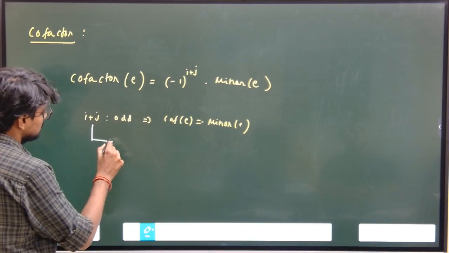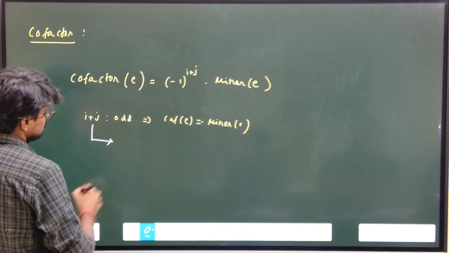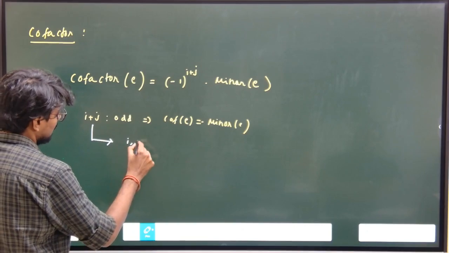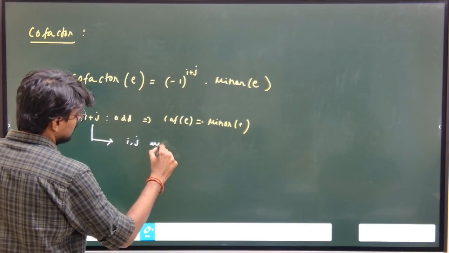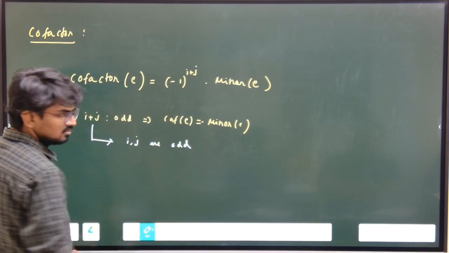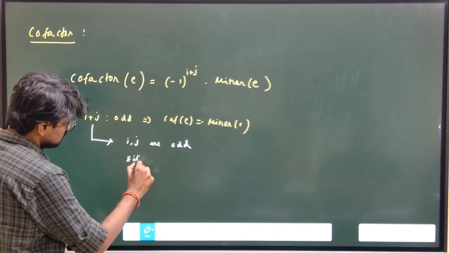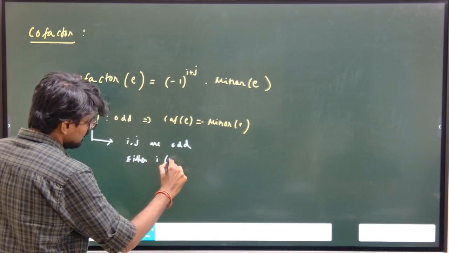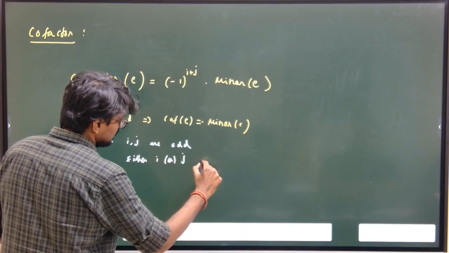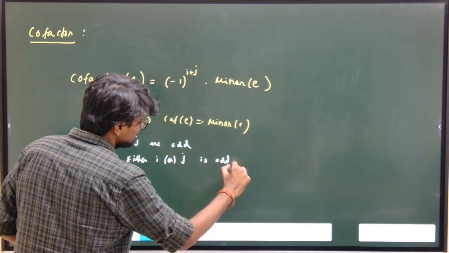When is this possible? When i plus j is odd, that is when either i or j is odd, the cofactor is the negative of the minor.